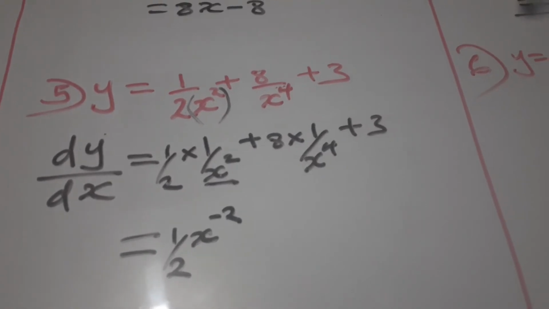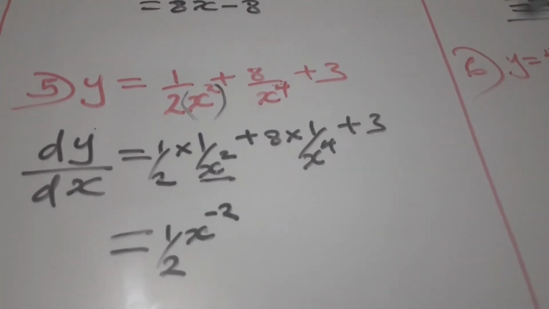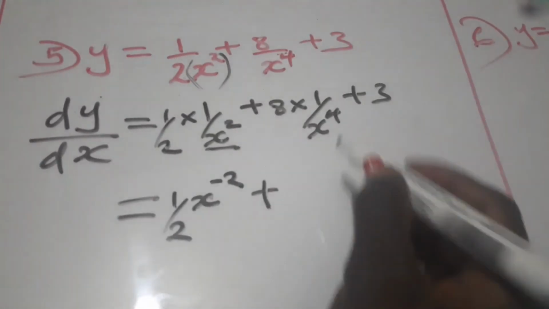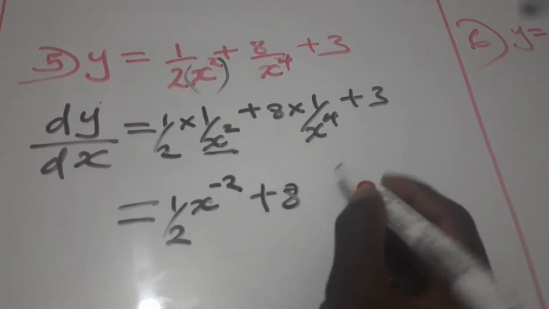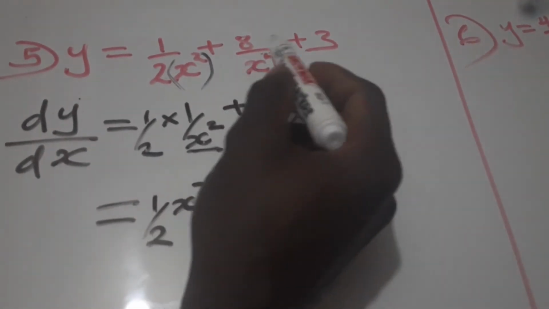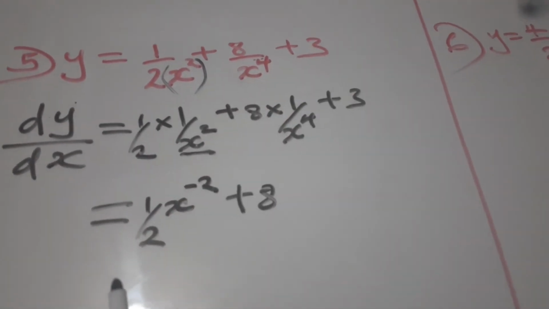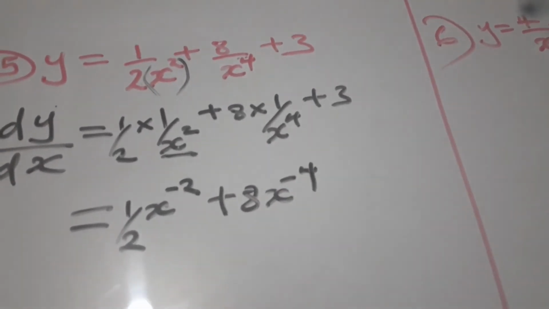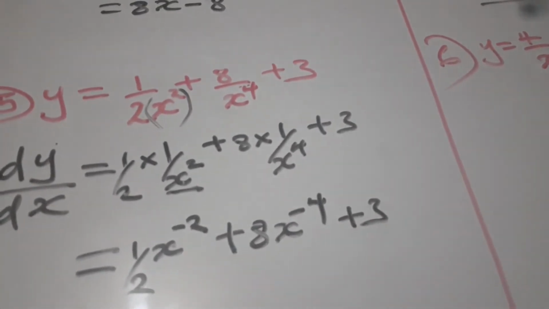A negative simply means it's from the denominator. And then plus, we have 8. It will be 8, and then we are going to take the x raised to power 4 to the numerator. It will be x raised to power negative 4, and then plus 3.